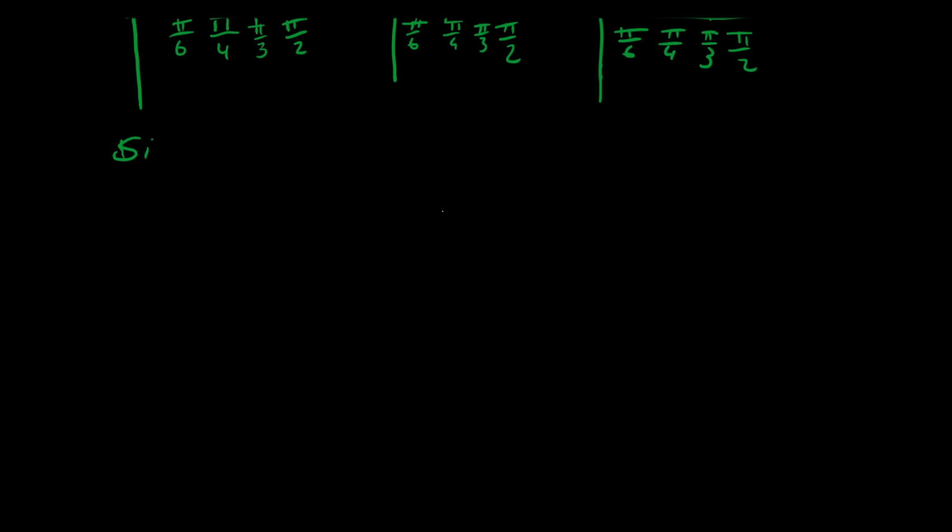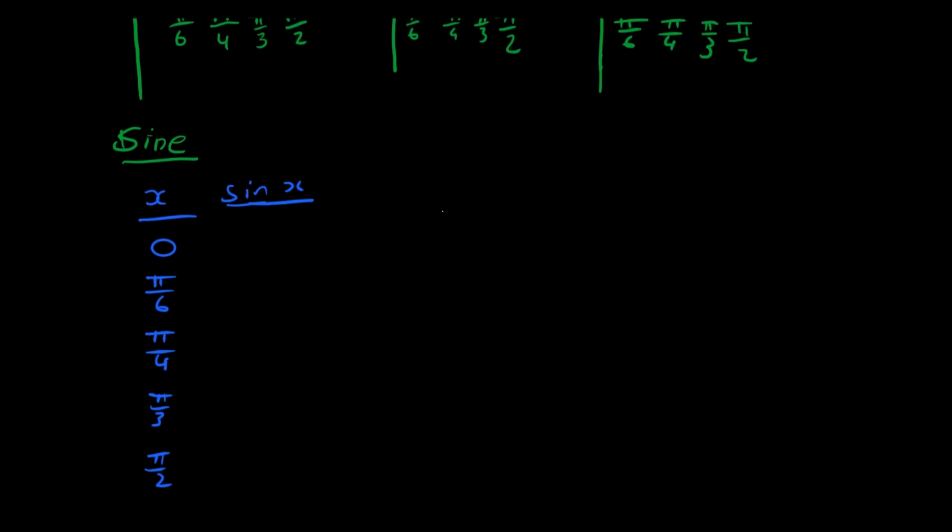So when you look at the sine function, let me use a different color here, x and sine of x. X goes from 0, pi by 6, pi by 4, pi by 3, pi by 2.